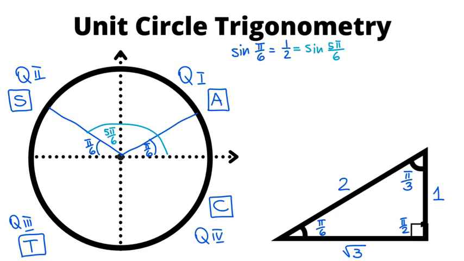What if I form an angle in the third quadrant based on pi over 6 again?